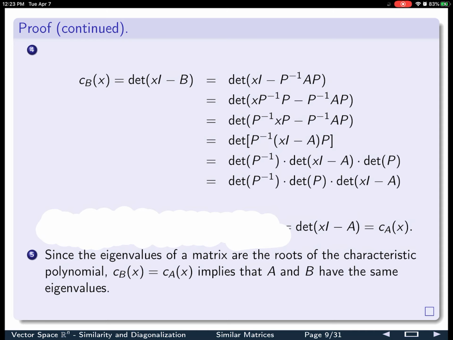All we're doing is writing in how B was defined, using the properties of the determinant along the way to show that eventually the characteristic polynomial of B is the same thing as the characteristic polynomial of A if A and B are similar to each other. And that definitely means that the eigenvalues are the same because the eigenvalues are the roots of the characteristic polynomial.